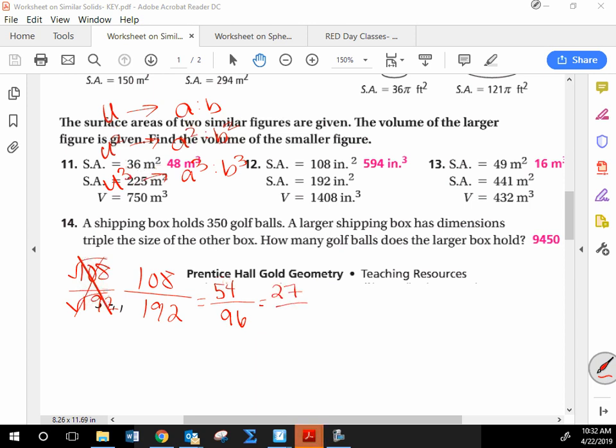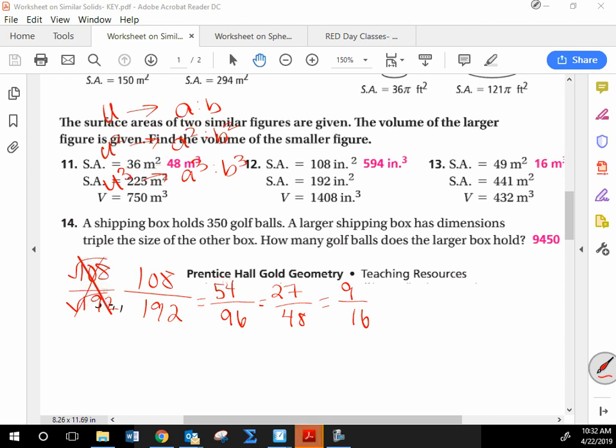And half of 96? Could I reduce that even more? You were right. Again, you can stop at the first step, but we can reduce it by 3. What's 48 divided by 3? Okay, so my surface area is actually simplified down to 9 over 16, and then the square root's going to be a lot easier.